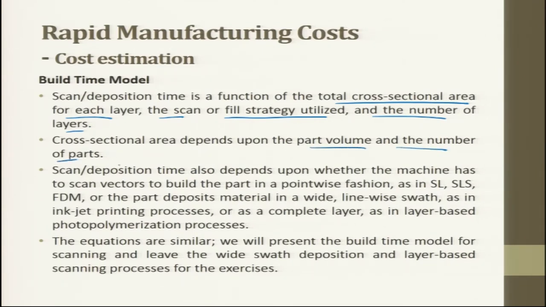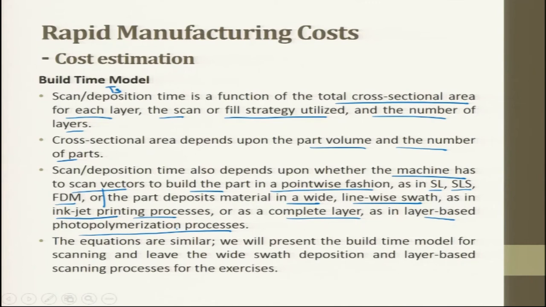Scan deposition time, that is TS, also depends upon whether the machine has to scan vectors to build the part in a pointwise fashion, as in stereolithography, selective laser sintering and fused deposition modeling, or the part deposits material in a wide line-wise swath, as in inkjet printing processes, or as a complete layer, as in layer based photopolymerization processes.